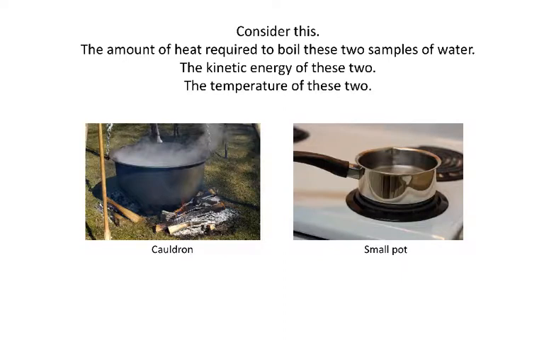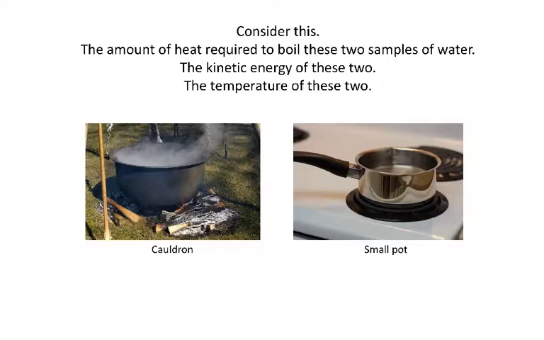And then think about the kinetic energy of these two boiling waters and the temperature of these two boiling waters. So I'm going to jump right in to start talking about this, but you can always pause it and think more about it. Okay, if we have two samples of water that are both boiling, let's start with the easier one. How do the temperatures compare?